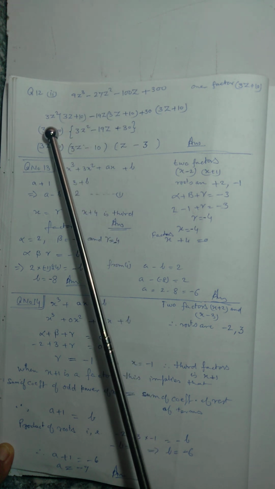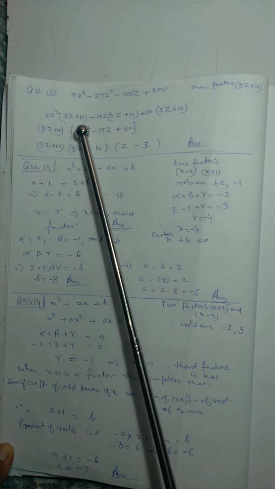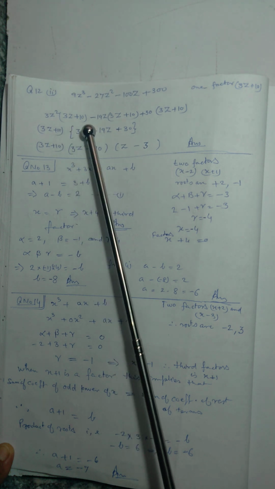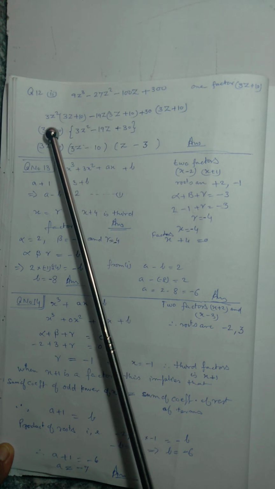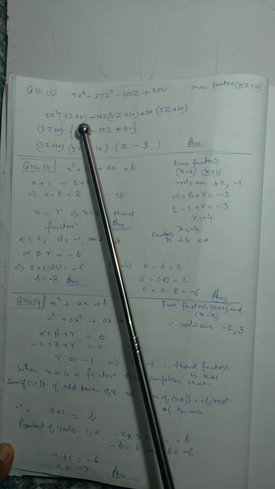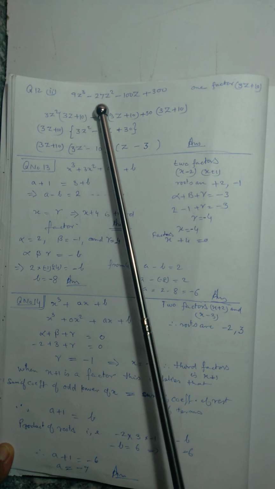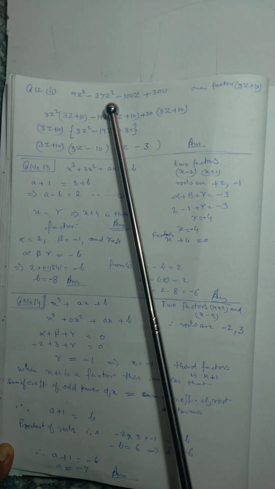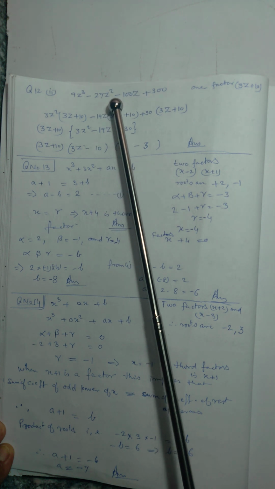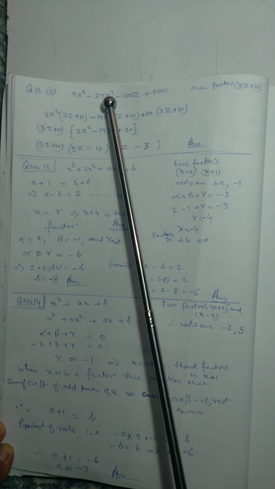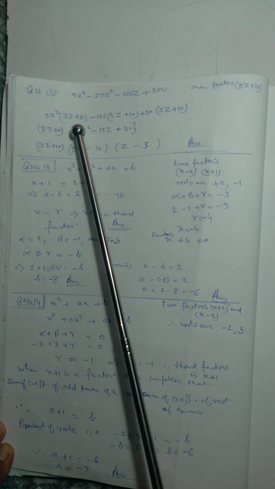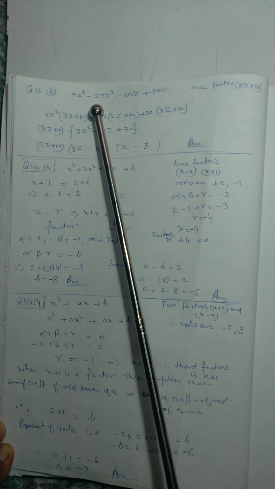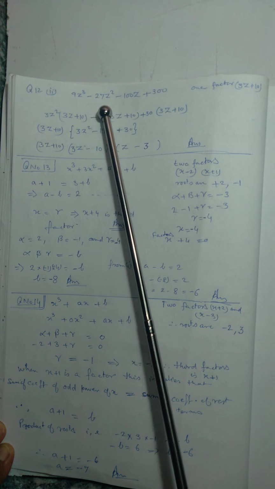Now you multiply 3z square by 10, you will get 30z square, but it will be plus 30. But there is a requirement of minus 27z square. So we need the total minus to be how much? 57, so that after subtracting this 30z square, you should get minus 27z square.